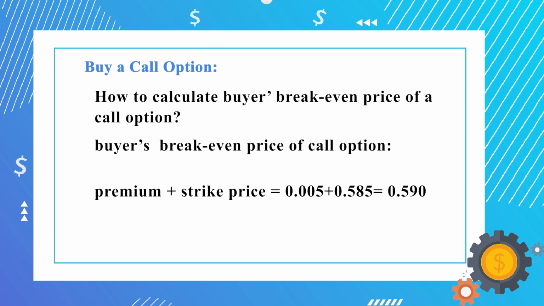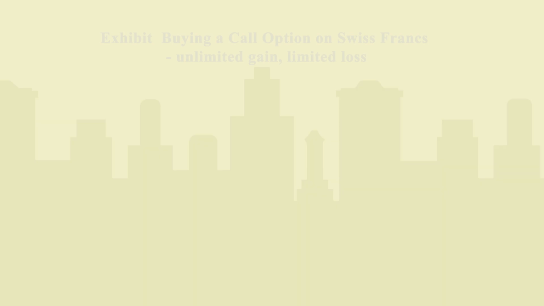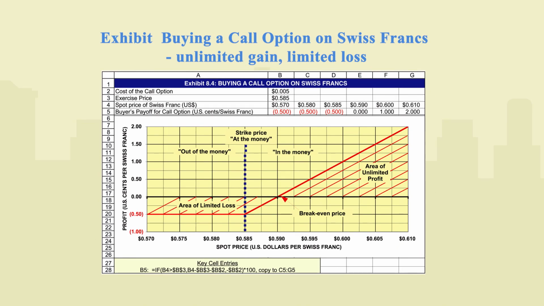This matches the proceeds from exercising the option at a price of $0.59 per Swiss franc. The exhibit shows the strike price, break-even price, and the different profit situations the call option will bring to the buyer when the market rates are in different areas.